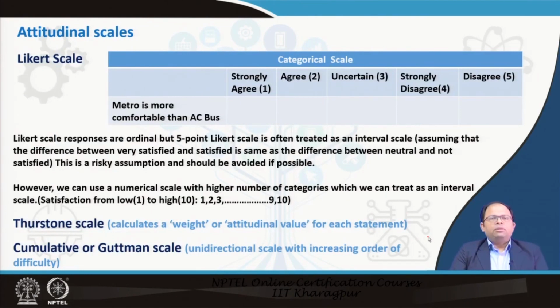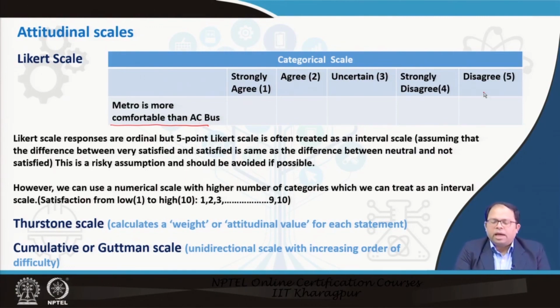Looking at attitudinal scales, there are different ways we can measure attitudes. For example, in this particular example, you can see I ask whether metro is more comfortable than an air-conditioned bus, so people based on their attitudes can give a certain rating. This is measured using strongly agree, agree, uncertain, disagree, and strongly disagree.